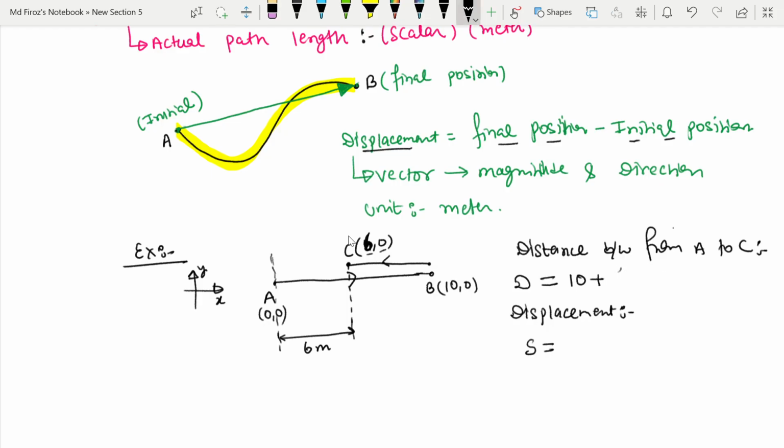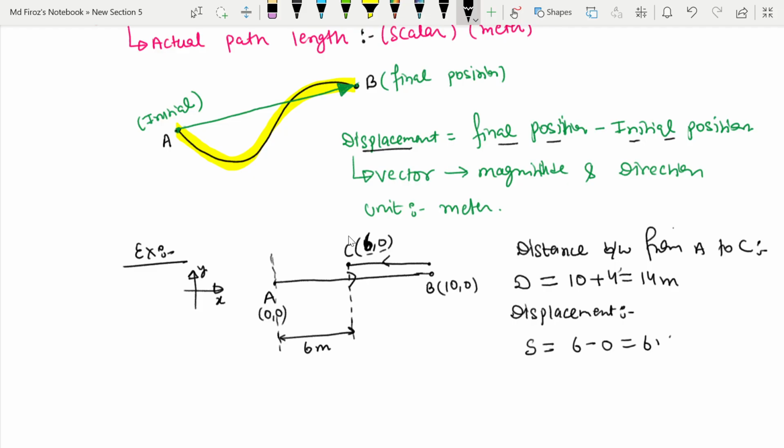So it will be 10 minus 4. Yeah, it will be correct. This point is 6, 0, so the distance between A and C is 6 meters. So what is the displacement? Displacement is final minus initial position, that is finally 6 minus initially 0.